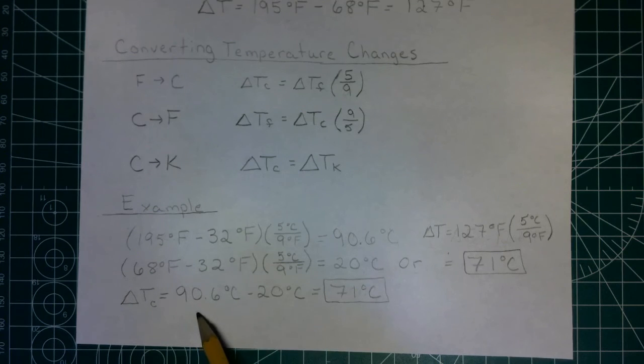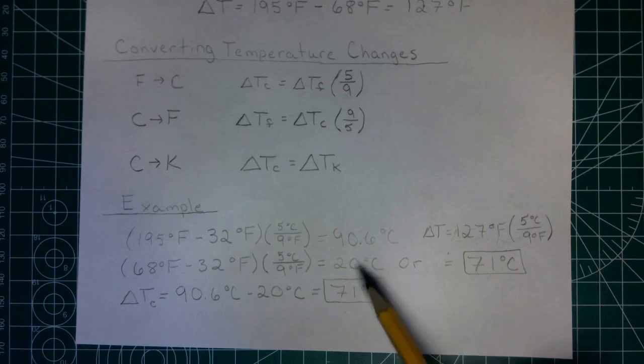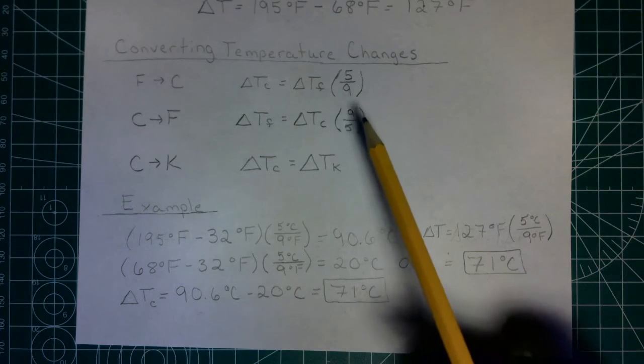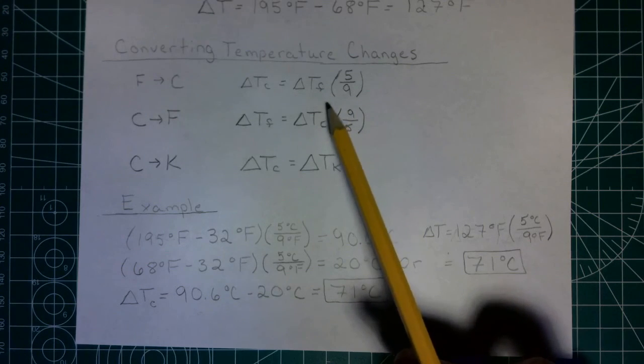So our final temperature is 90.6 degrees Celsius, and I subtract out the initial temperature of 20 degrees Celsius, and I see that the temperature rose 71 degrees Celsius. This is a 3-step problem, but I could have just done it using this conversion factor up here.